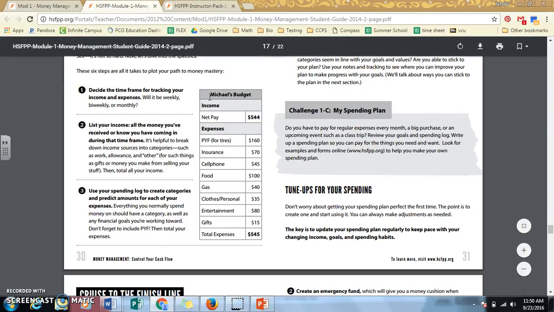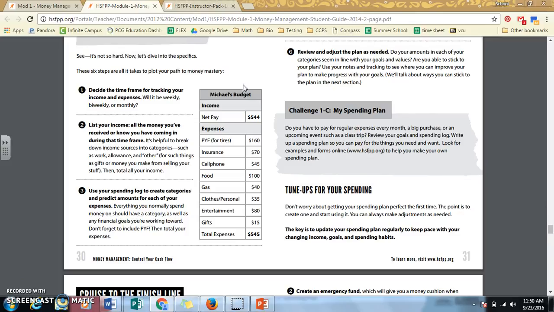So Michael's budget is set up as a monthly budget. He looks at how much he's going to spend per month, how much he's making per month, and he creates his budget, his spending plan, every month. That's relatively what most people do. If you get your paycheck every week, it might be easier for you to plan out weekly how much you're spending.